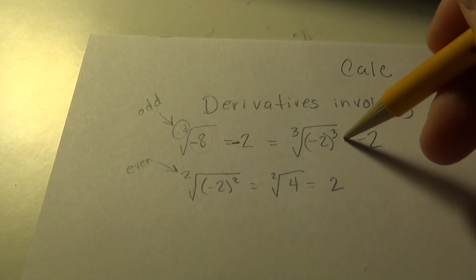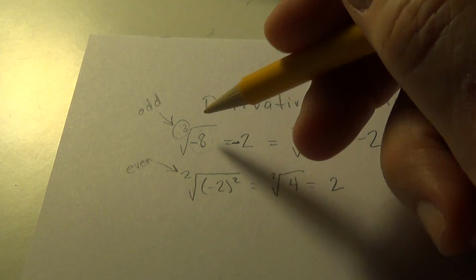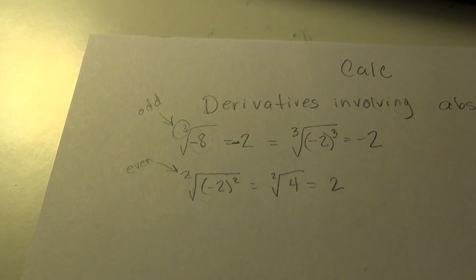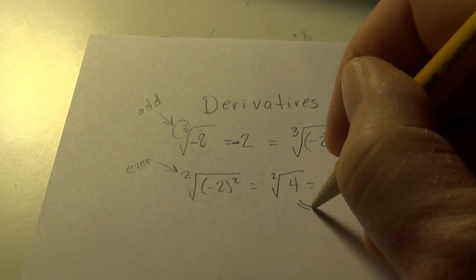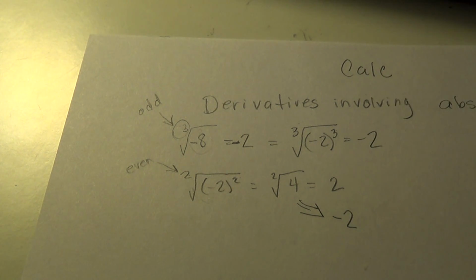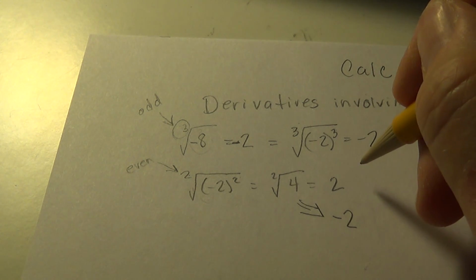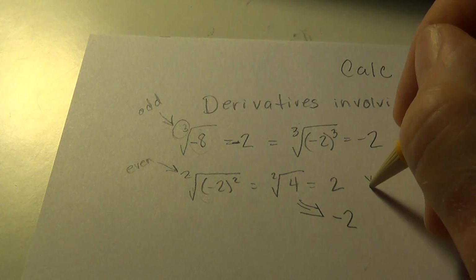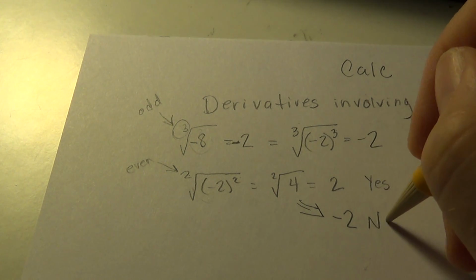But if I apply the principle that the square root undoes the square and leaves what's inside, we get a negative 2. So the mathematicians had to decide which one it's going to be. By definition, they decided that the first answer was correct, and the second was not.